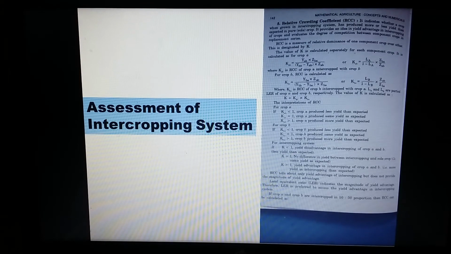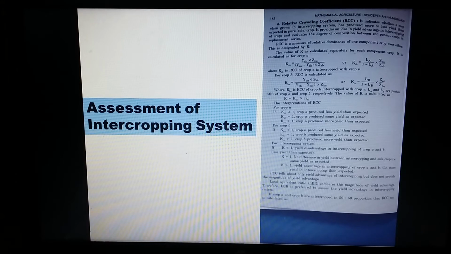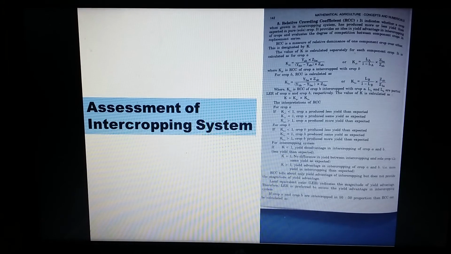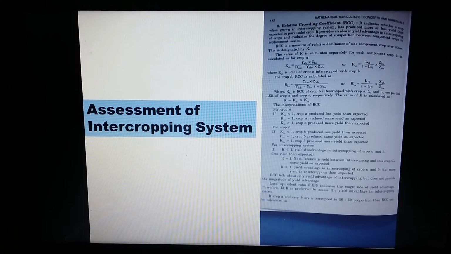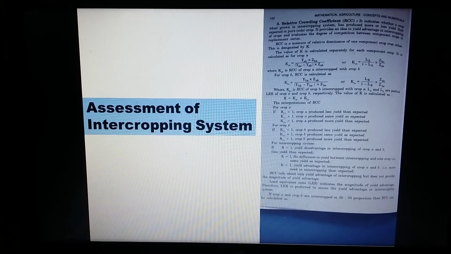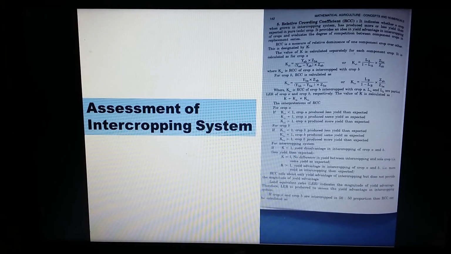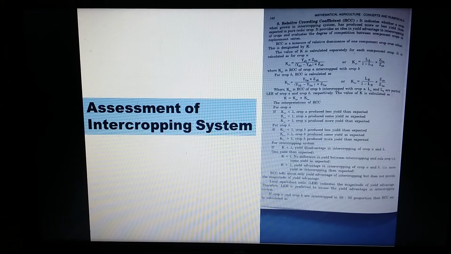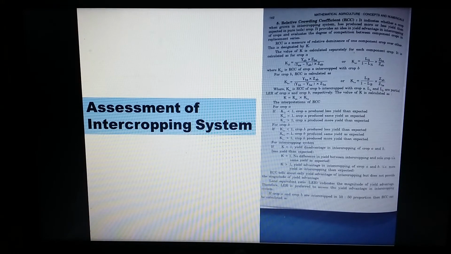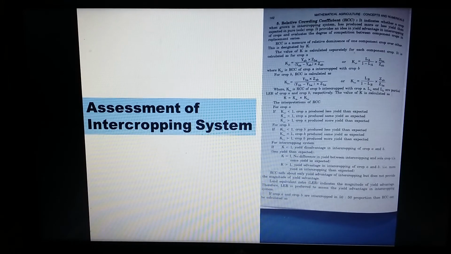It provides an idea of the yield advantage in an intercropping system and evaluates the degree of competition between component crops in a replacement series. So RCC is denoted as K.